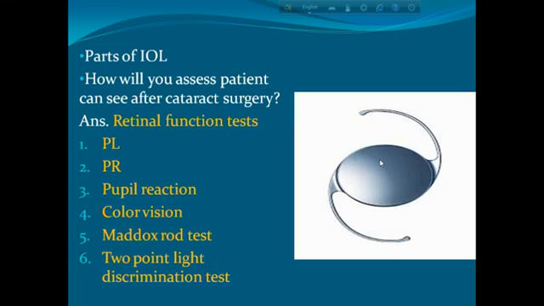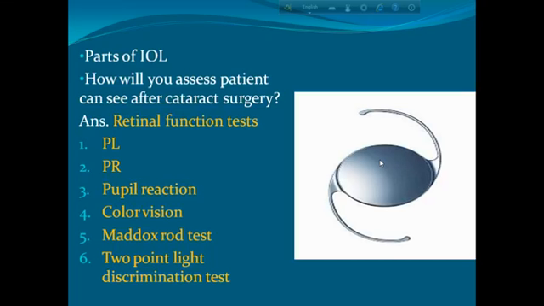Meadows rod also helps guide us about the status of macular function. Sometimes in patients with macular hole or macular edema, the Meadows rod guides us about the status of the macula. If the macula is disturbed after cataract surgery, the patient has no satisfactory vision.